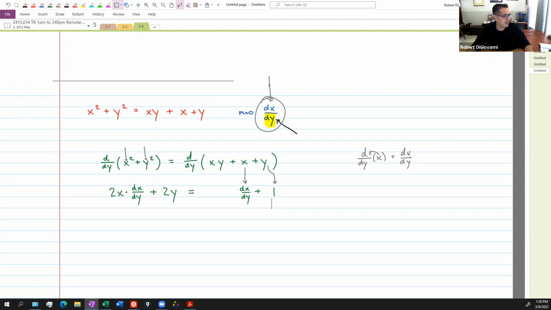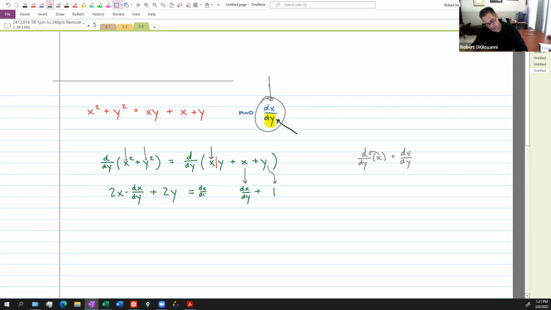Okay, good. How about Nicholas or Nico? I saved the product rule for you right here, that x times y, we have a product rule. So what would the derivative of this be with respect to y? It would be like the same as the other one. This one would be x, plus the derivative of this first one. We're doing product rule, so the derivative of x is dx over dy.